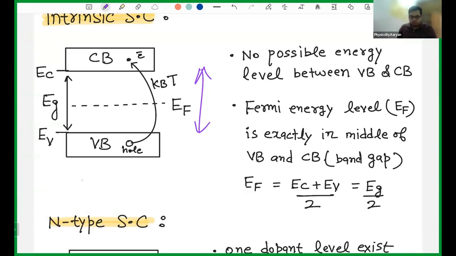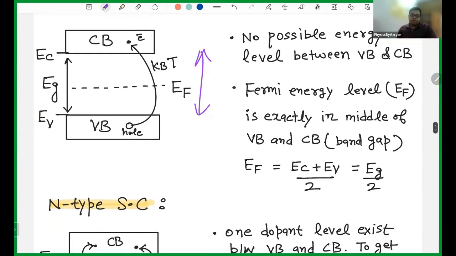Let's say you have 3 students who scored 10, 12, and 9. If you find the average of this, you will get some value like 11.5. This is your Fermi energy, but no student has actually got 11.5. So Fermi energy is not an actual energy level, it is just an average. So there is no possible energy level between valence band and conduction band in an intrinsic semiconductor.